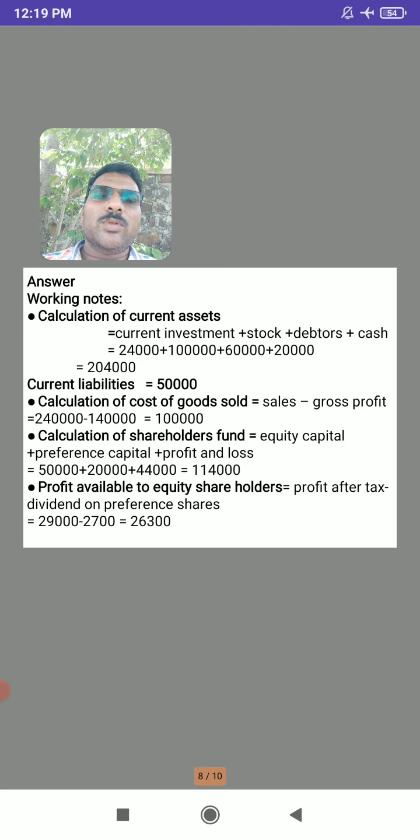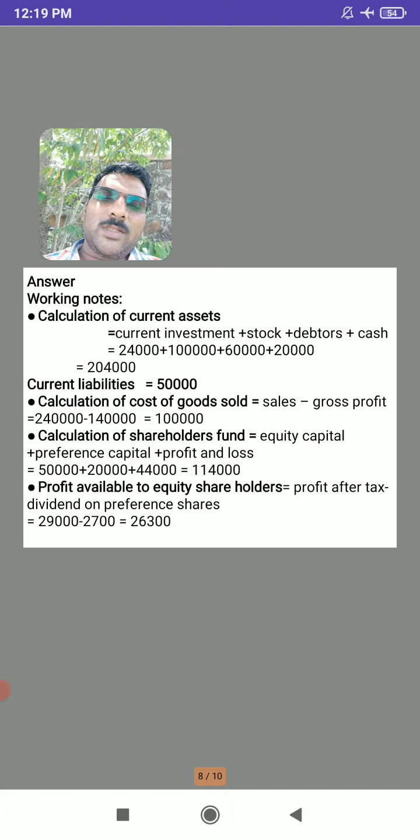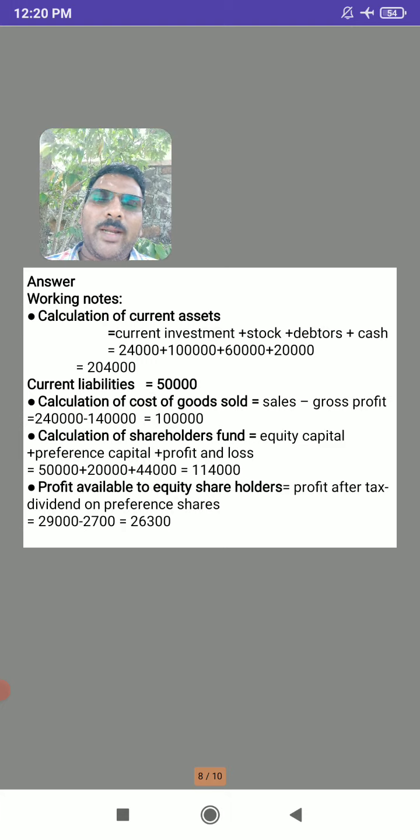Calculation of cost of goods sold. Cost of goods sold is calculated by deducting gross profit from sales. Gross profit is already given in the other information. Sale was 2,40,000, from that 1,40,000 is deducted as gross profit, and we get cost of goods sold as 1 lakh.